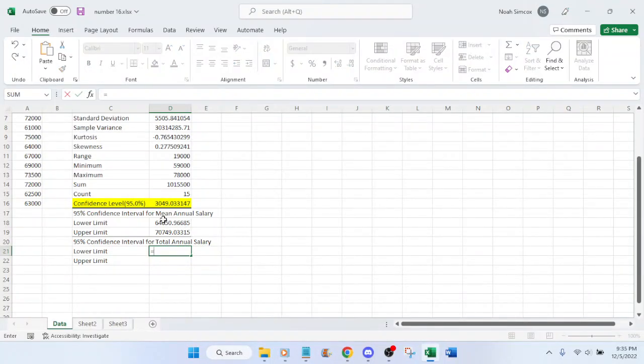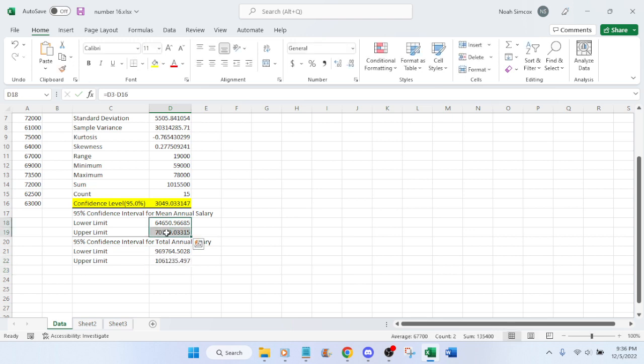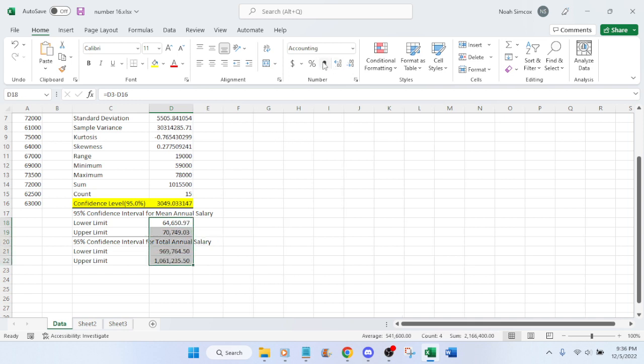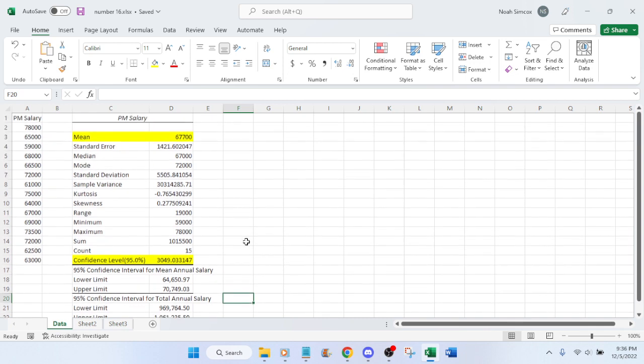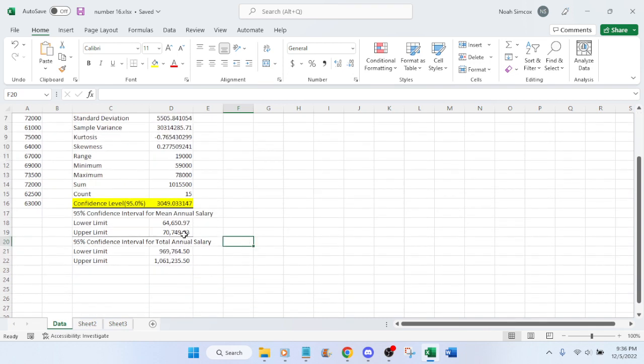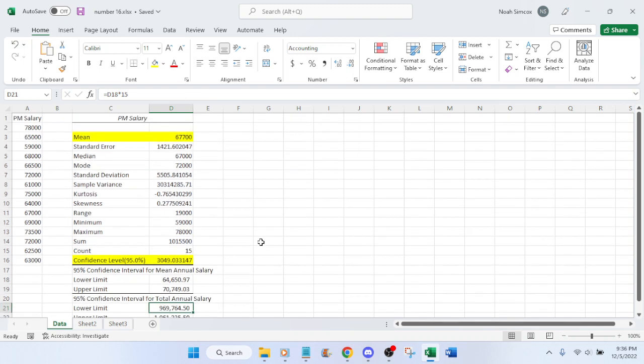So equals this times 15. So save and we have 67,000, and this is this times 15.